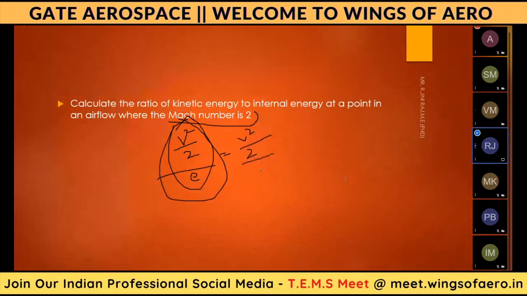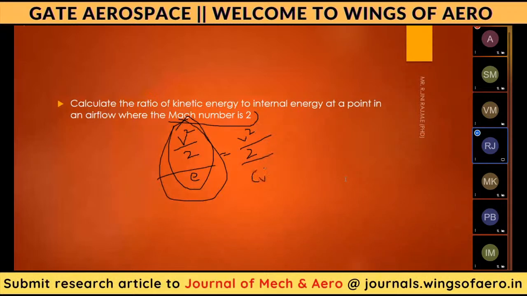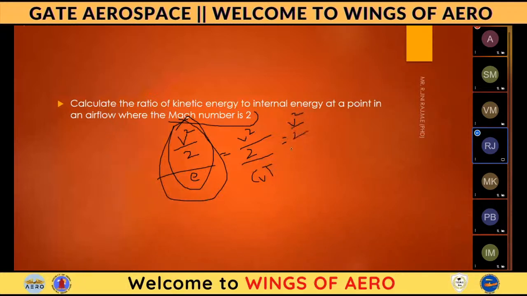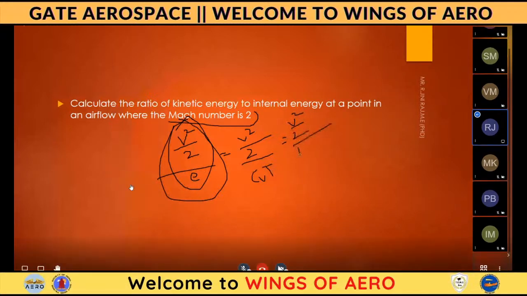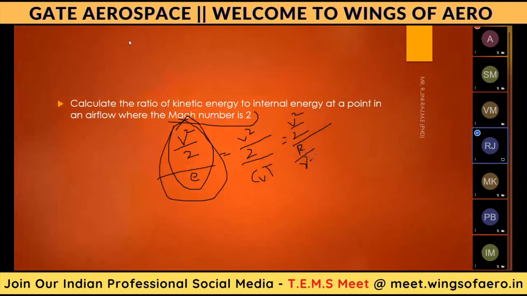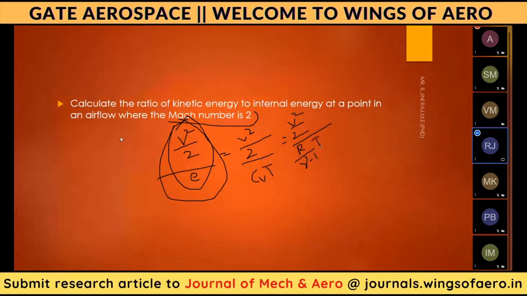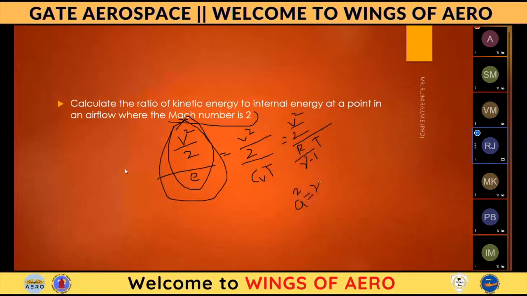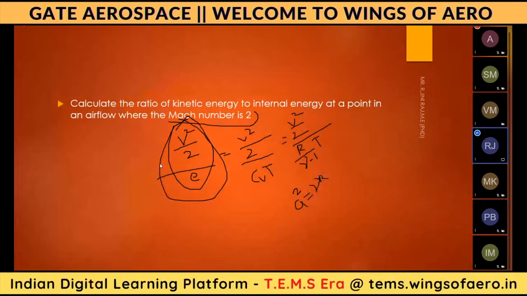We know the formula for internal energy, that is Cv into T. So that is equal to V squared by 2 divided by Cv, and the formula for Cv is R divided by gamma minus 1, into T. We know a squared equals gamma into R into T. So from that we can substitute RT straight away in this equation itself.